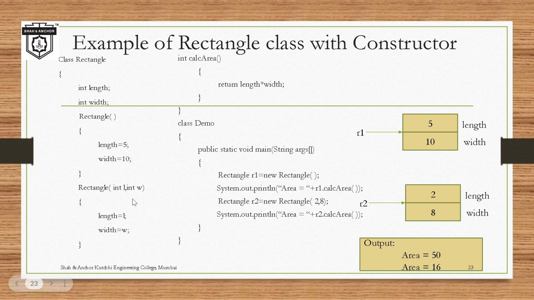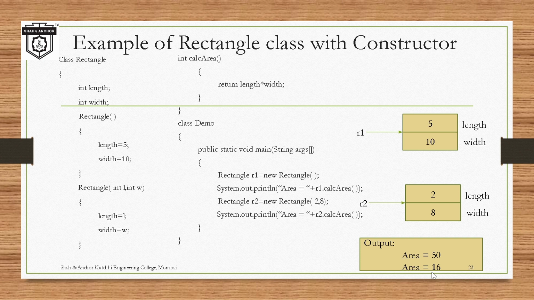So length will be initialized to 2 and width to 8 for R2, and we can see in the figure that R2 has length equal to 2 and width equal to 8. The area of R2 is 8 multiplied by 2, that is 16, so we get the answer as 16.